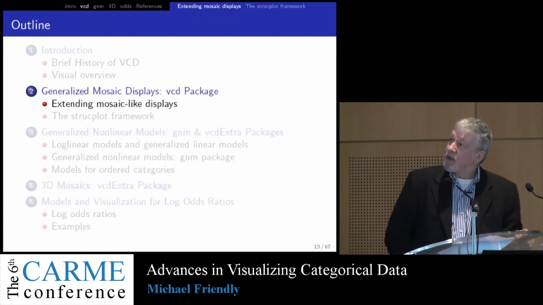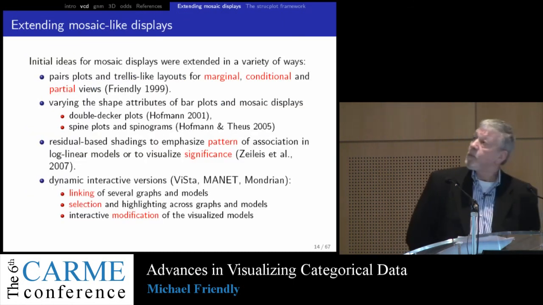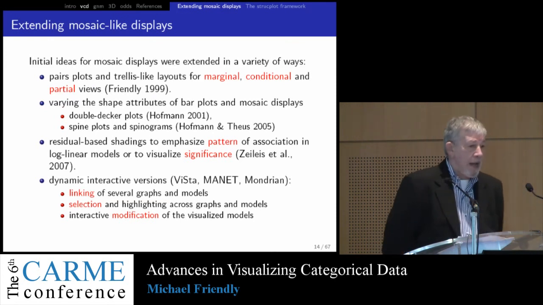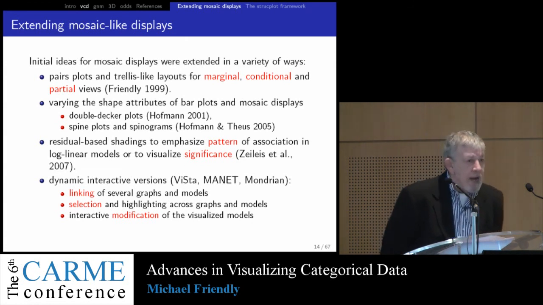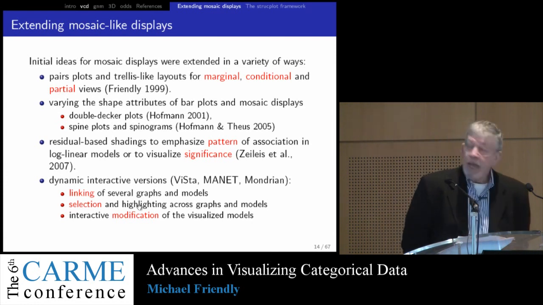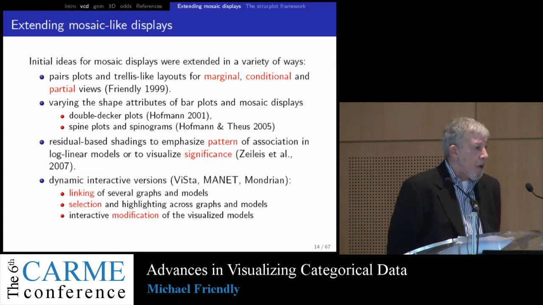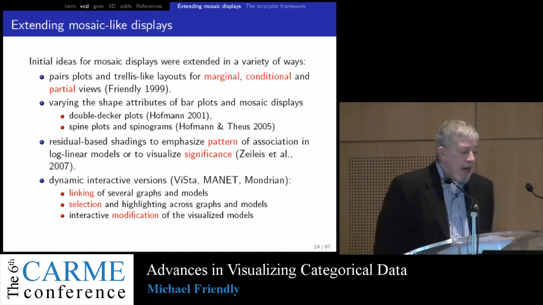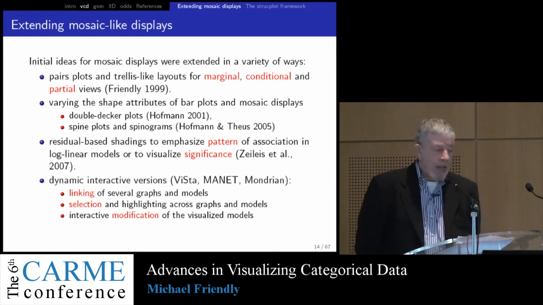So let me begin with the VCD package, and I'll talk about some extensions of simple Mosaic displays. There's a variety of them. Pairwise displays, such as a scatter plot matrix, that visual framework can be used in a variety of ways to show marginal, bivariate marginal views, as in an ordinary scatter plot matrix of quantitative data, conditional views and partial views. Other people have suggested variants of Mosaic displays.